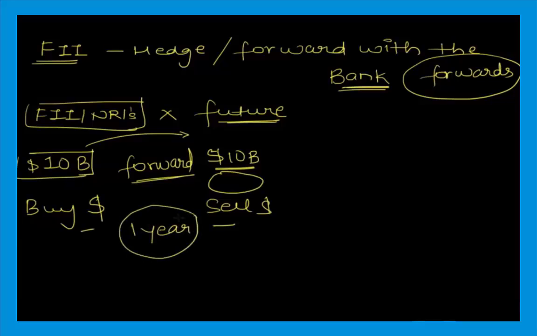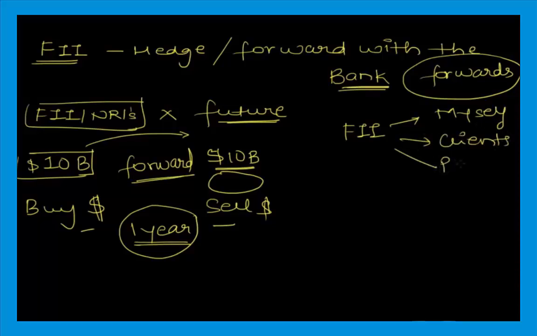That's the forward contract between us. So I have bought dollars from the bank, and the contract is for a year. Now what happens is, as an FII, I trade for myself, my clients, for P-note holders.